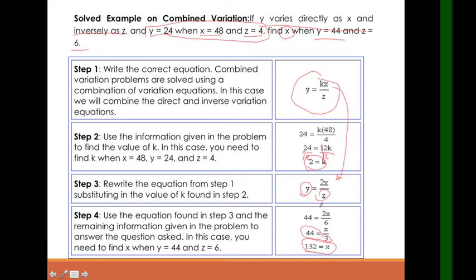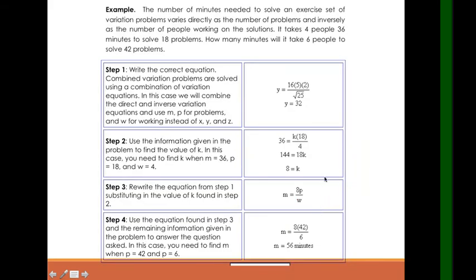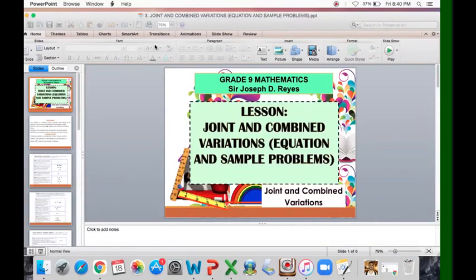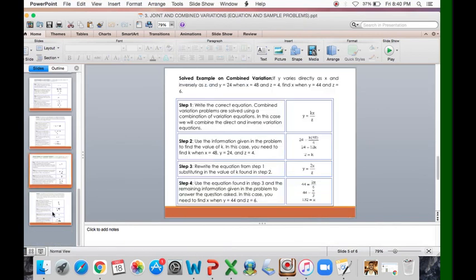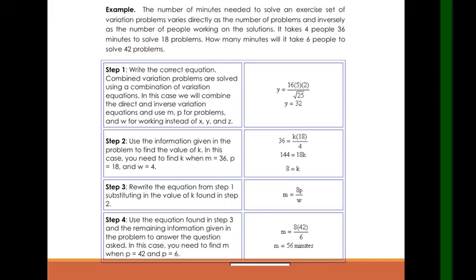You get it? Now let's have a sample problem. The number of minutes needed to solve an exercise set of variation problems varies directly as the number of problems and inversely as the number of people working on the solution.